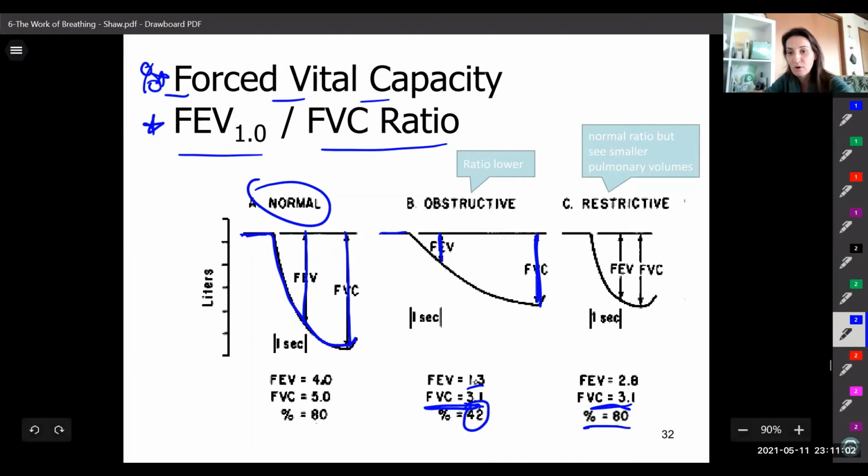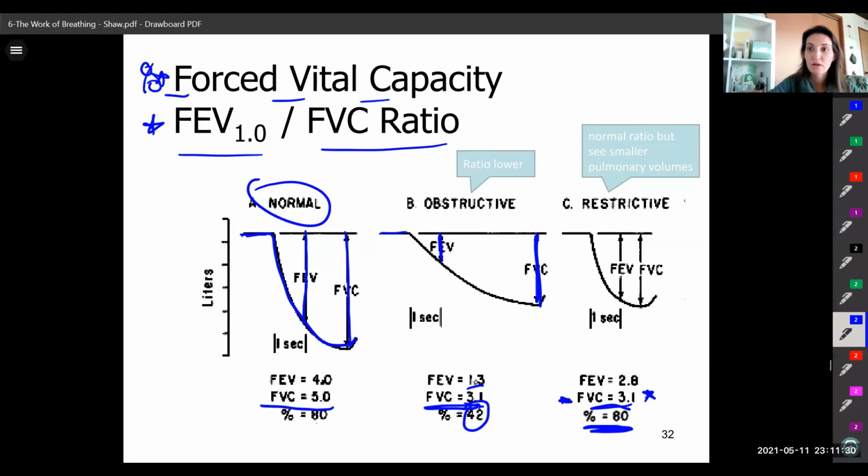They might have a normal FEV1 to FVC ratio, right? So it's not their ratio that would be indicative of restrictive. It would be the fact that they have a normal ratio, but their FVC is much lower than normal. Normal ratio, low FVC. Those two things combined suggest a restrictive disorder.